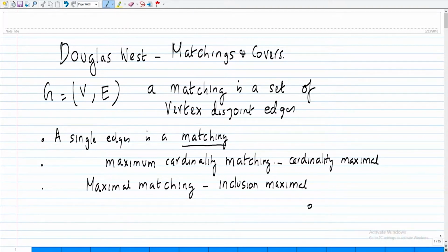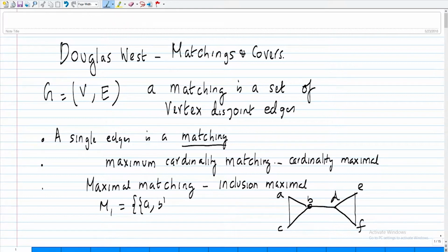Let's look at this graph and consider the matching M1 to be the matching which consists of the edges AB and EF.